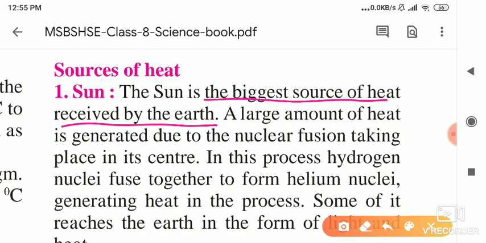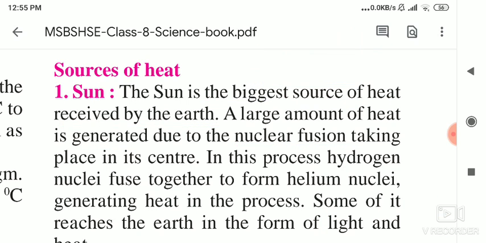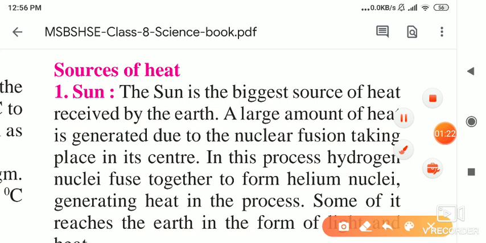A large amount of heat is generated, that means produced, due to nuclear fusion. This nuclear fusion takes place inside the sun. There the gases hydrogen and helium are present, and an explosion takes place between the hydrogen and helium gas.